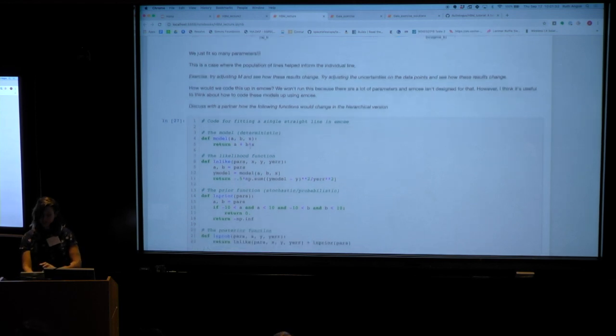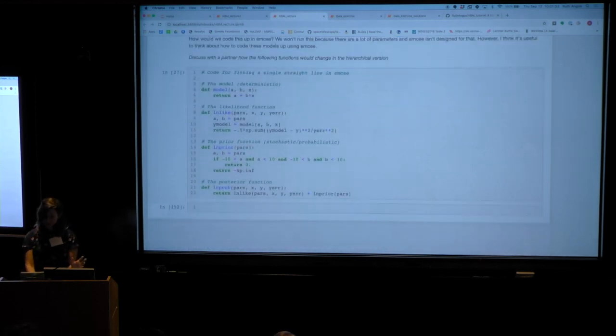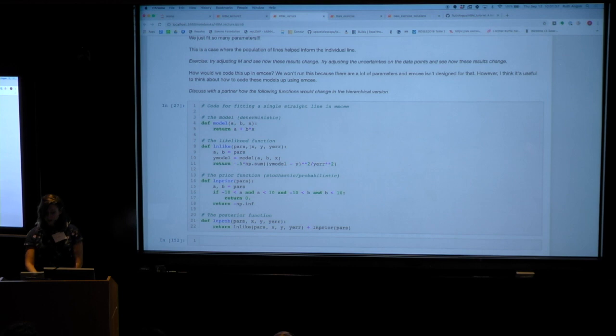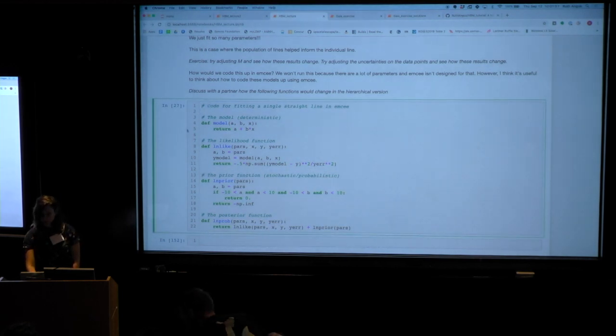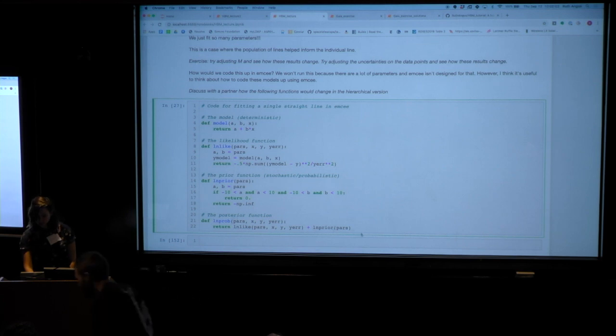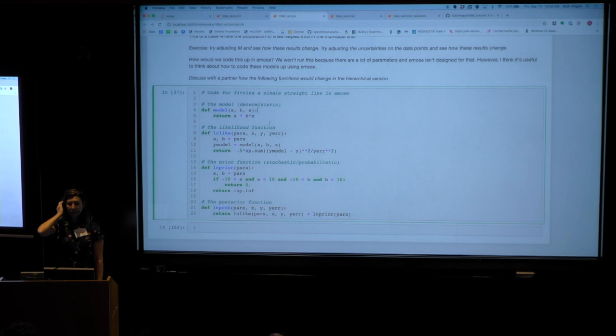Okay, then after that, all that's left in this notebook is the same thing, but in emcee. So the model, the likelihood, the prior, the posterior, for a single line in emcee. When we come back after the break, if you want, you can work on how to turn this hierarchical.